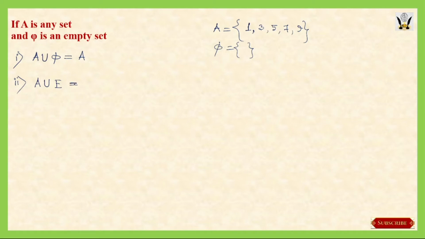We know the universal set is a bigger set, or superset, we can say, which has all the elements of related sets.